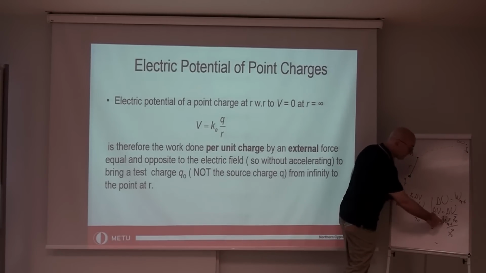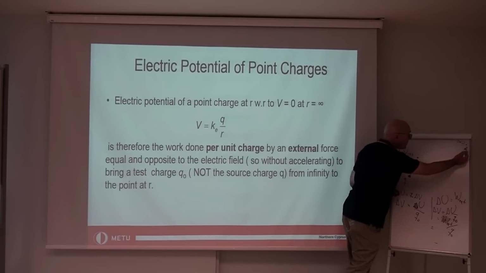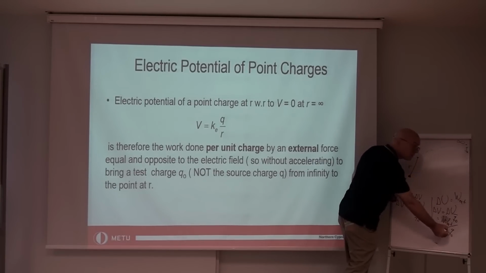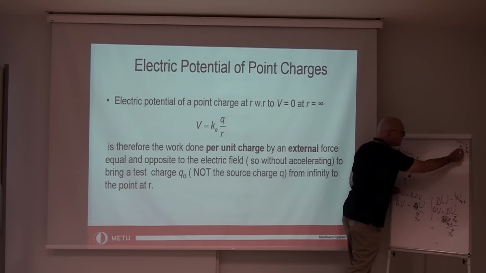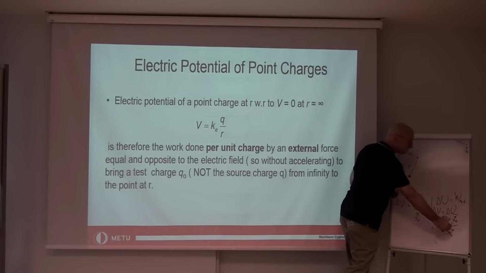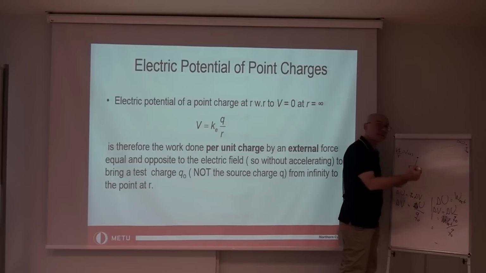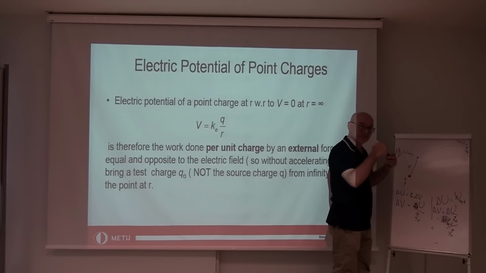Now, delta V in this case is the external work per unit charge, because you are dividing by Q naught. So when you divide the work by Q naught, you are finding the work per unit charge.